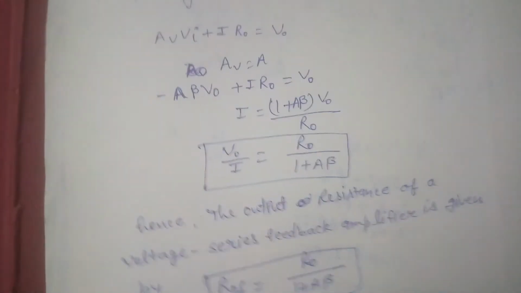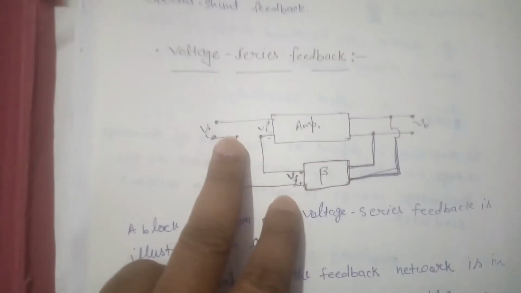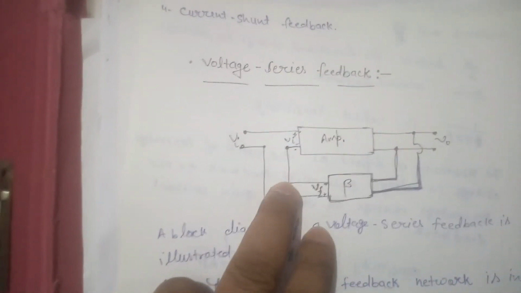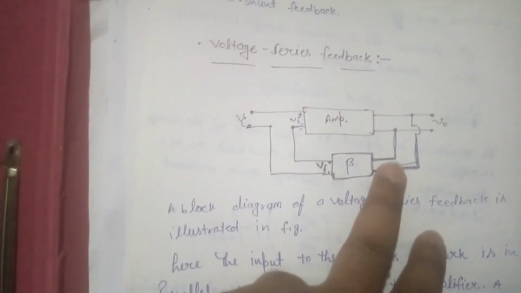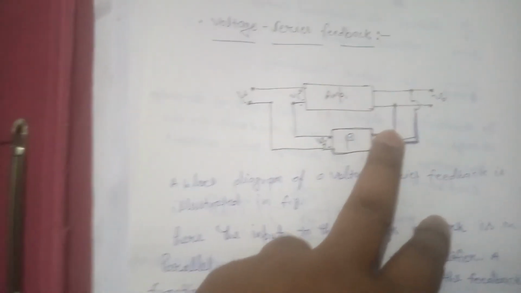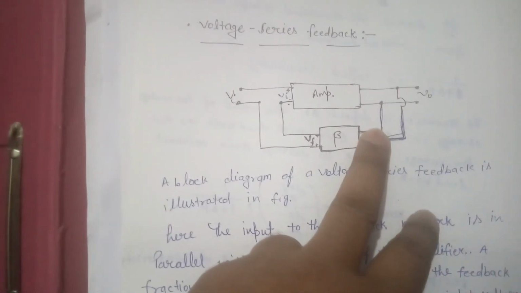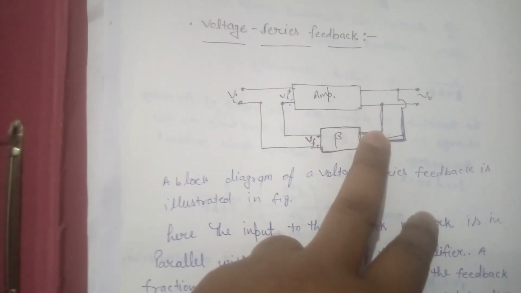Now, how can we write voltage series? Here the feedback network is connected in series with the input and in parallel with the output. If we connect the output in parallel, then it is voltage, and if we connect the output in series, it is current.